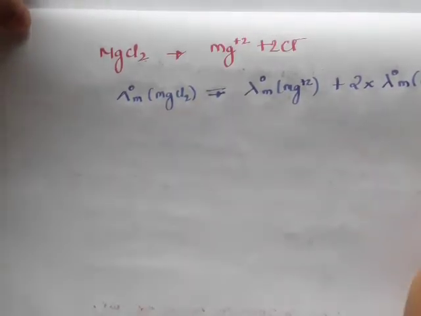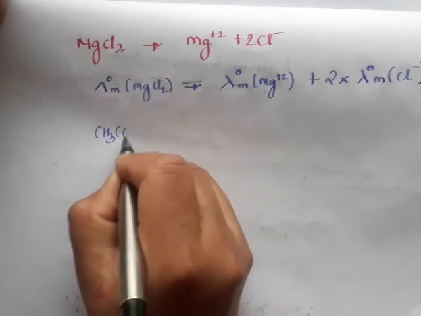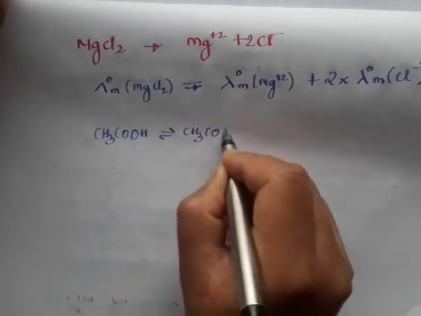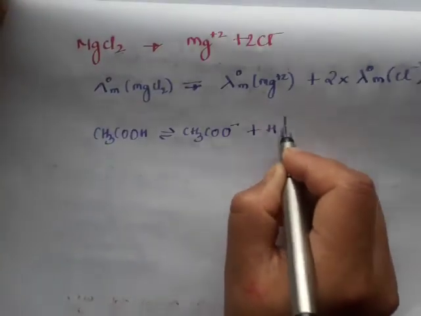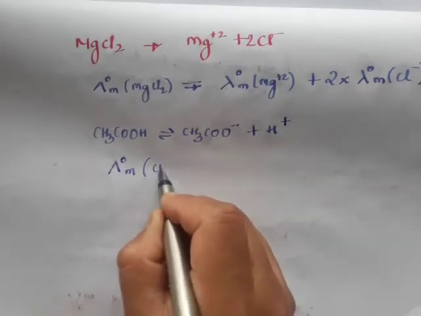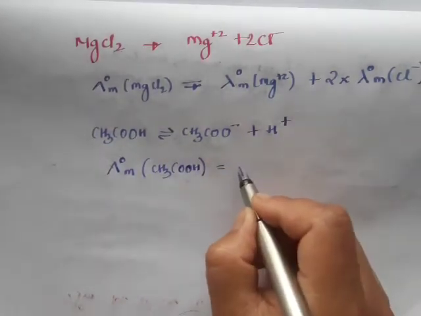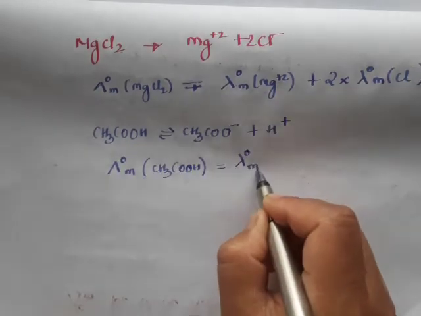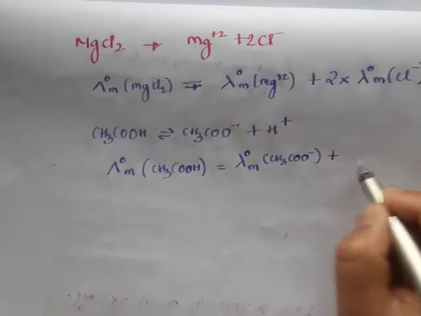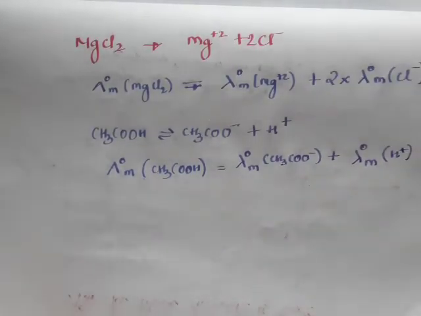Similarly, if we have acetic acid and it dissociates into CH3COO minus and H plus, its molar conductivity is the sum of the molar ionic conductances of each ion: lambda naught m of CH3COO minus and lambda naught m of H plus.